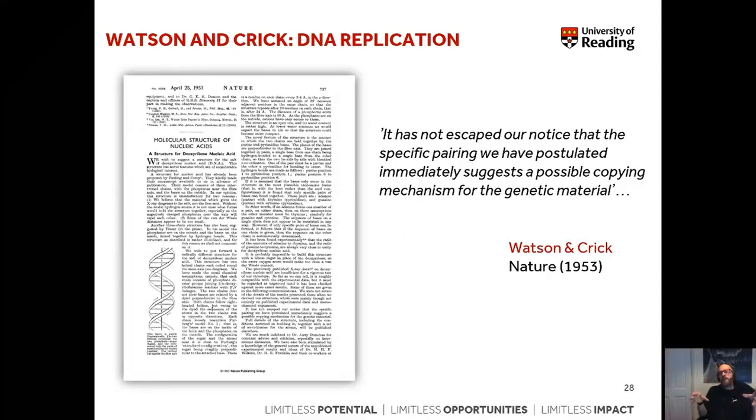I showed you this paper already in the last lecture. This is the paper published by Watson and Crick in the prestigious journal Nature in '53, and already then, whilst describing the structure of DNA as a double helix, they recognized something very important, and to cite those guys, they claimed that it has not escaped our notice that the specific pairing we have postulated immediately suggests a possible copying mechanism for the genetic material.